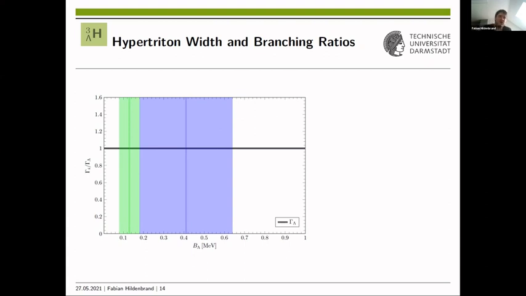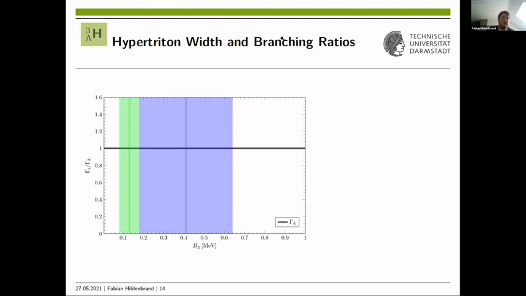I've already marked those two regions here, the green one and the blue one, where the green one is basically this old emulsion value of 0.13, the central value marked in a darker green. And this blue region is the value proposed by STAR, adding the systematic and statistical errors, and the central value, the 0.41, is marked in blue.